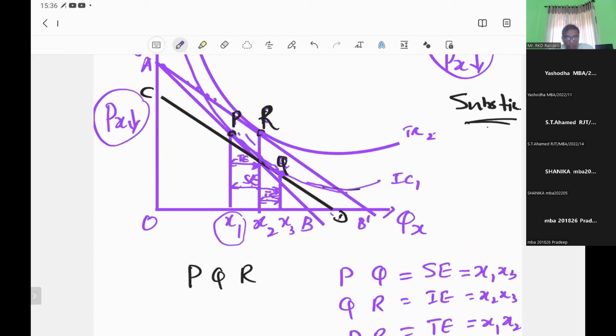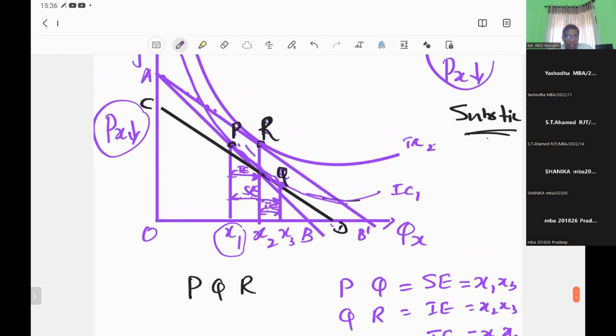You can identify the substitution effect, then income effect, total effect. The substitution effect is more powerful than the income effect. That is inferior goods. Total effect is equal to part of the substitution effect.